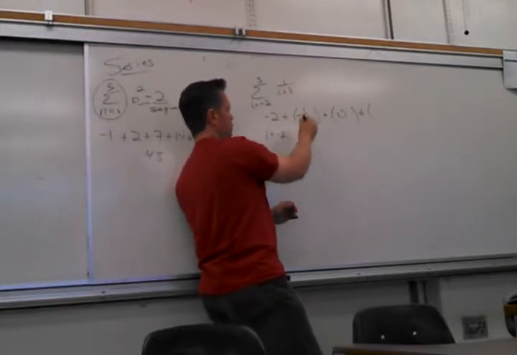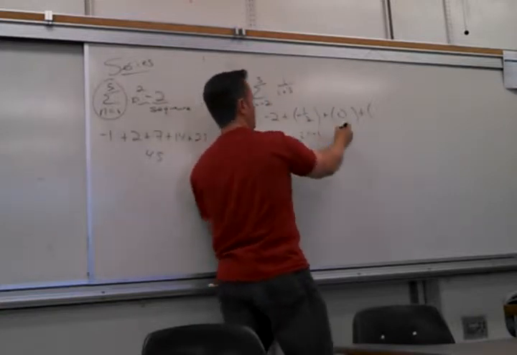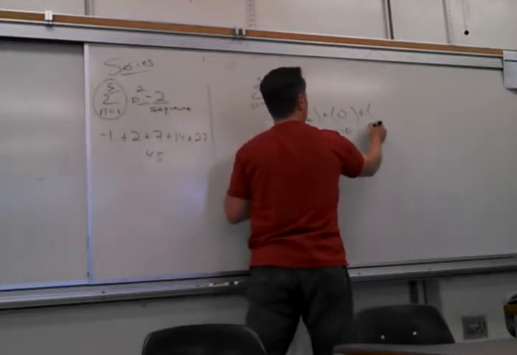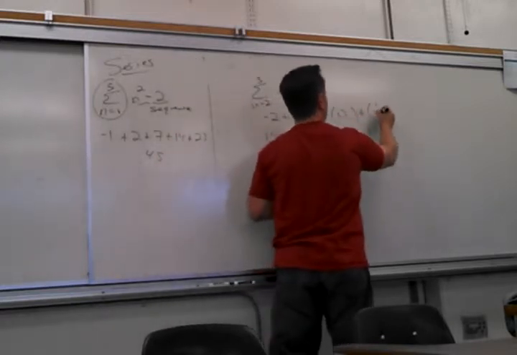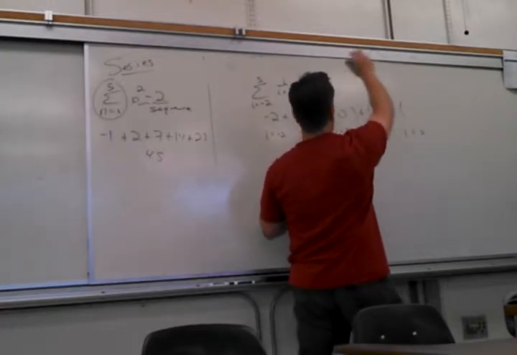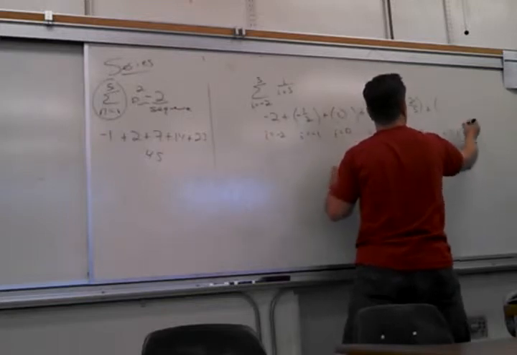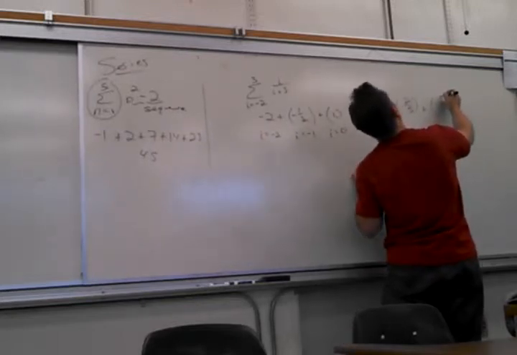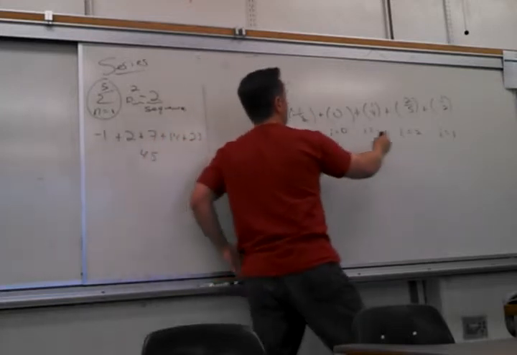This is -2. When I is -1, because I'm going between these two. When I is 0, when I is 1, 1/4. When I is 2, 2/5. And when I is 3, 1/2.